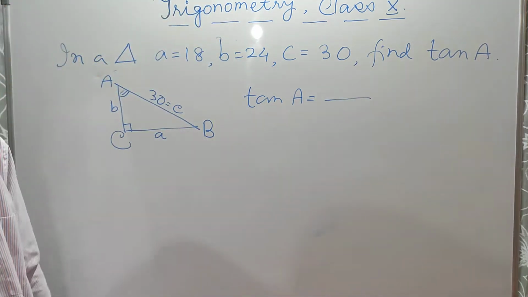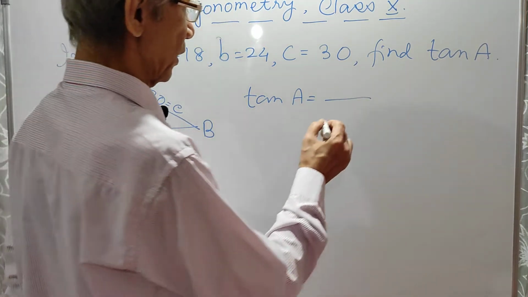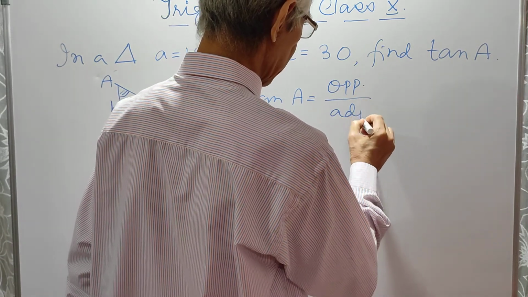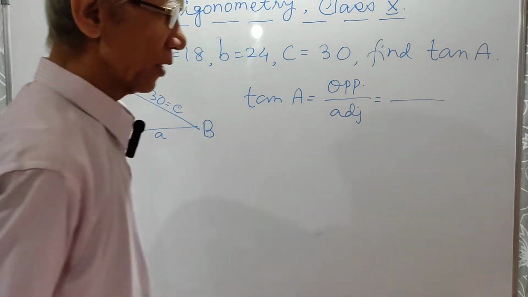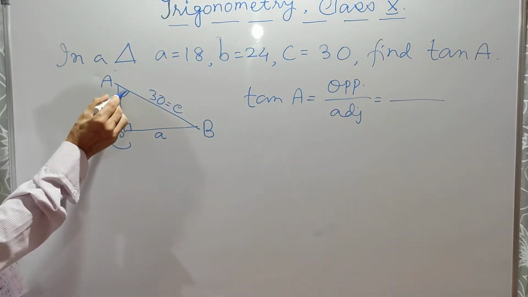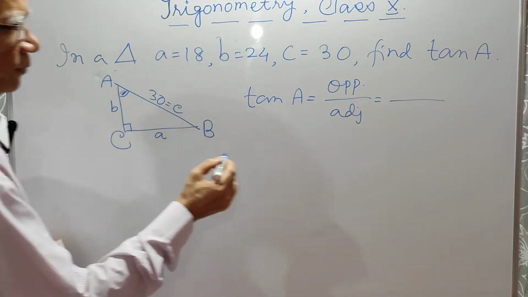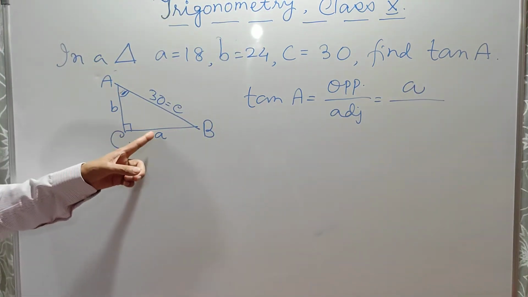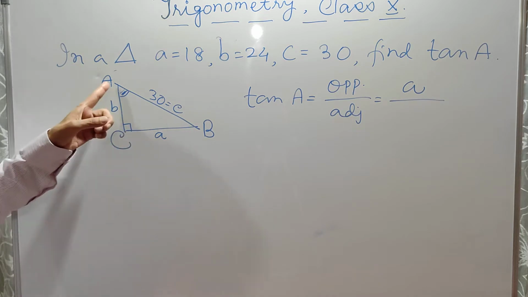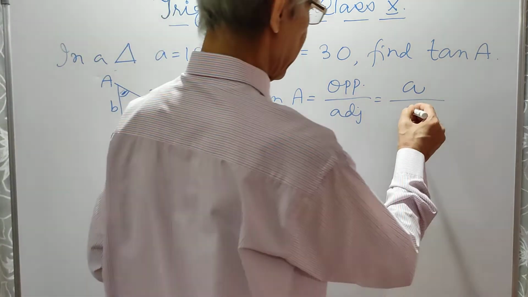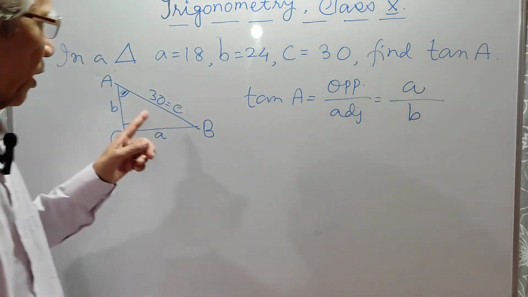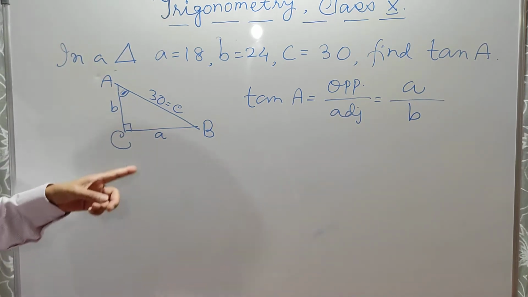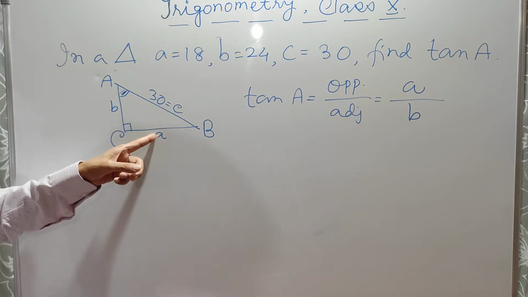Now tan A is what? Opposite by adjacent. Opposite of this angle A is a, and adjacent is b.